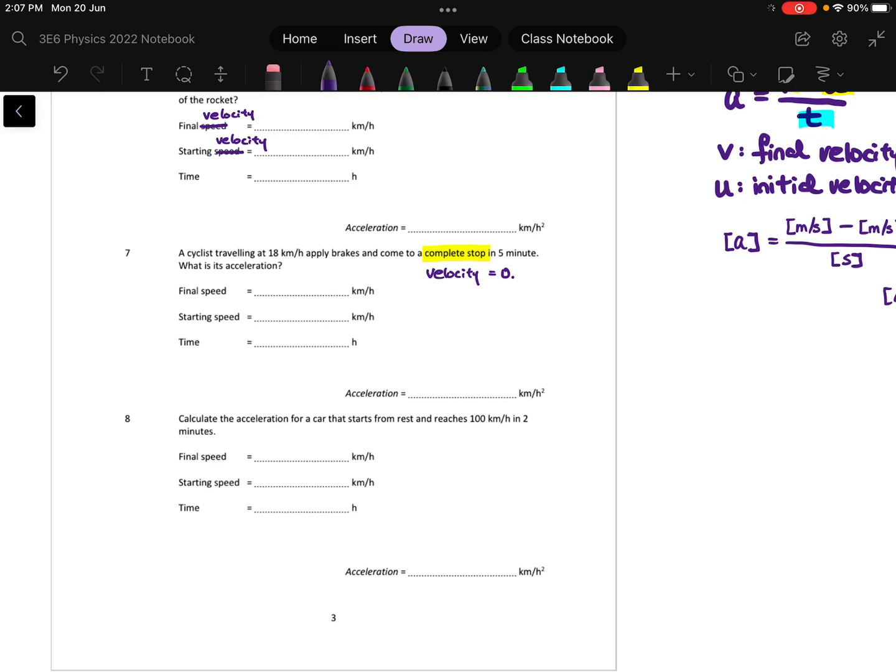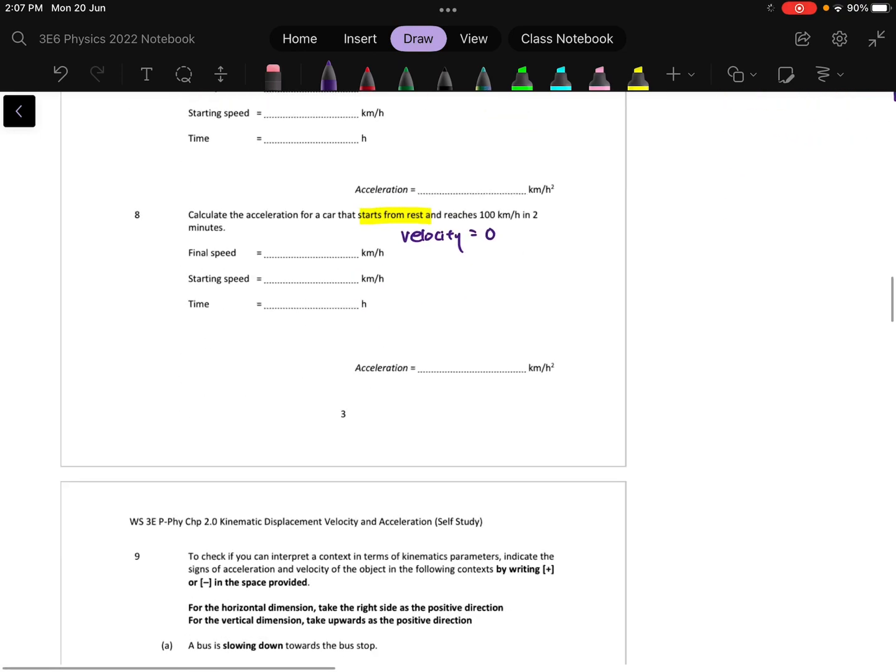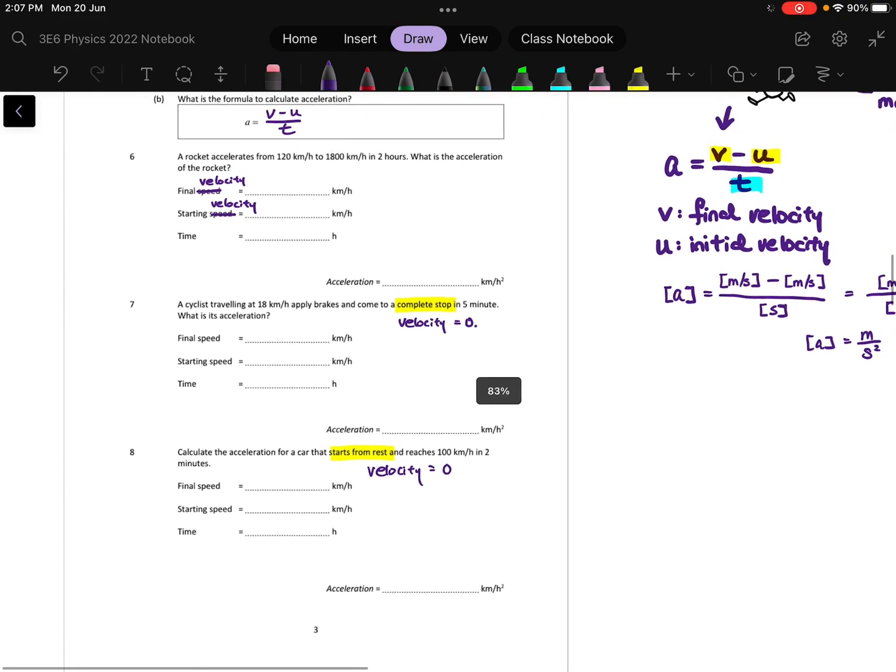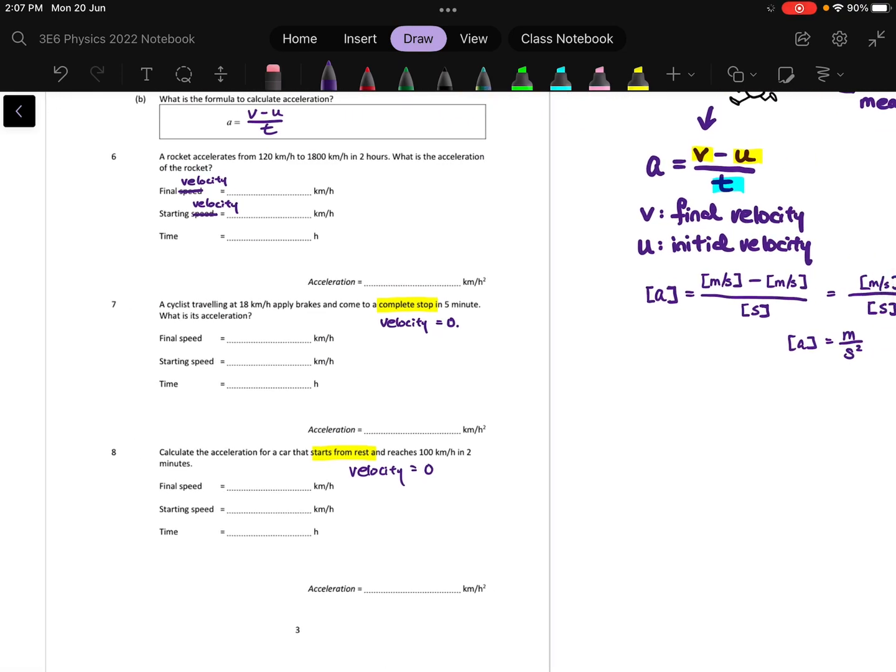Okay, so do try. Things like this, start from rest. Well, start from rest means that your velocity is 0, right? So do try out questions 6 to 8, and then key your answer into the SLS to confirm your understanding. Then after that, watch the next video.